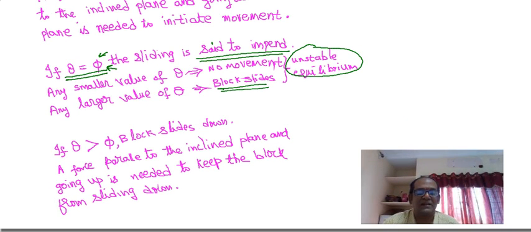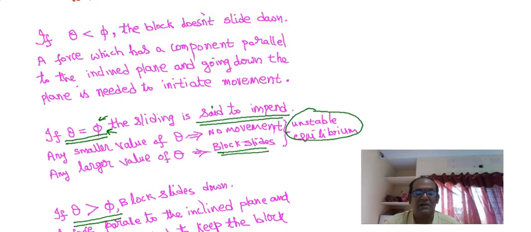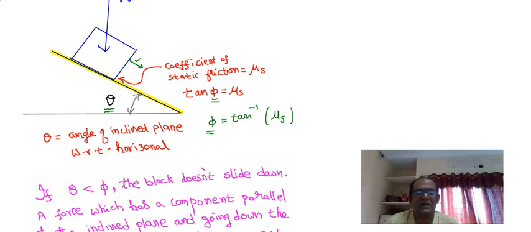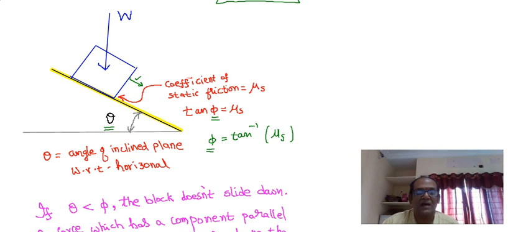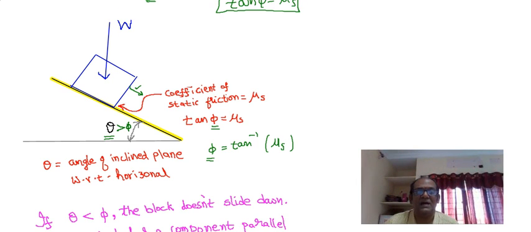When theta is greater than the angle of friction, the block will automatically slide down.